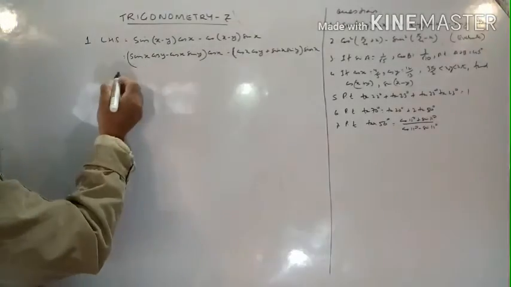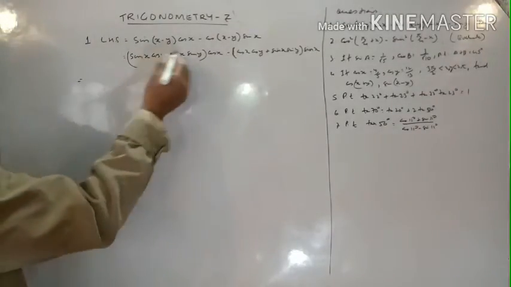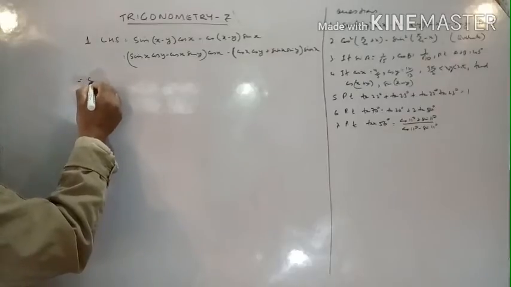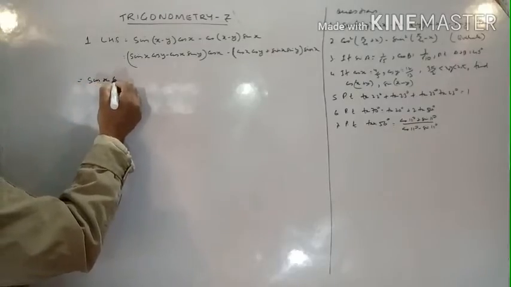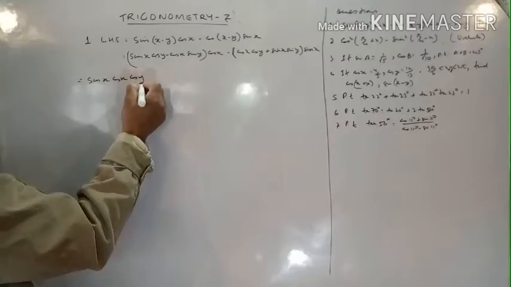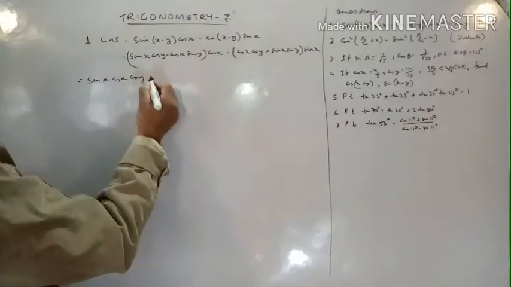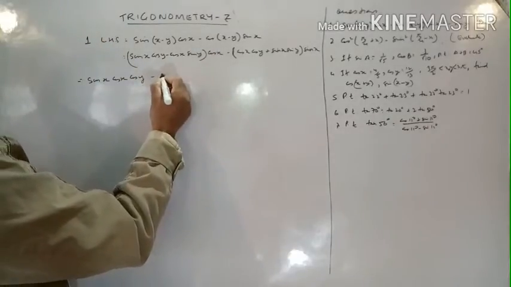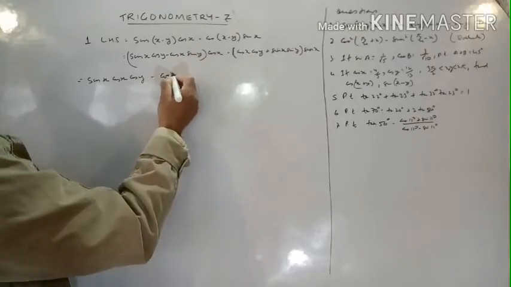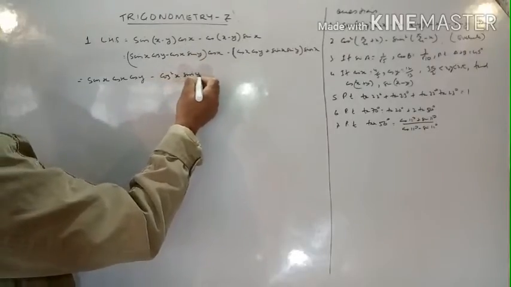If you open the bracket, you get sine x cos x cos y, minus cos into cos, you get cos square x sine y.